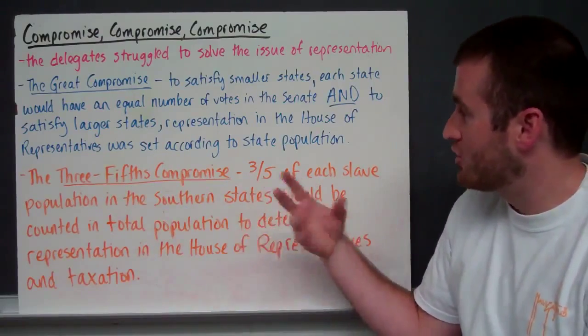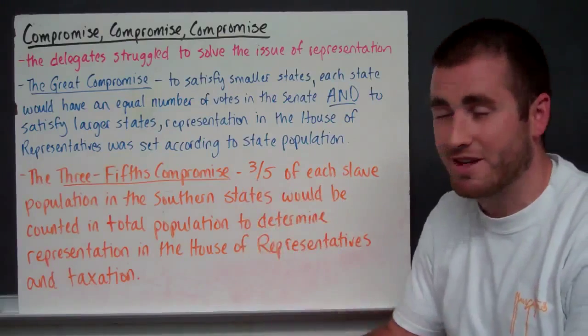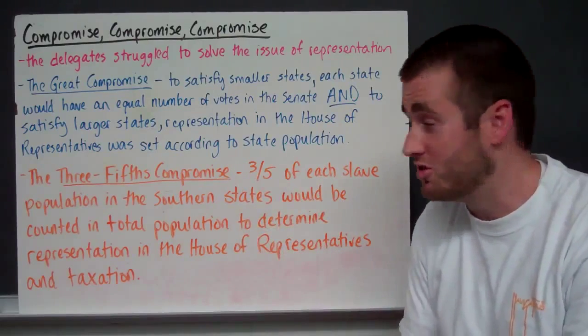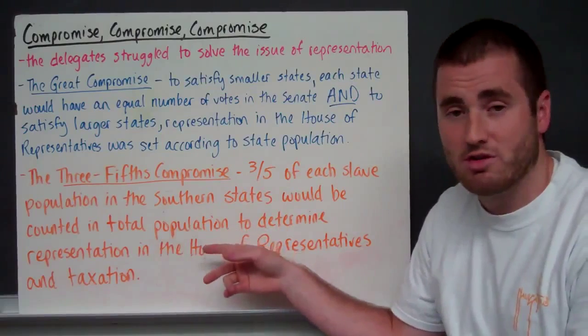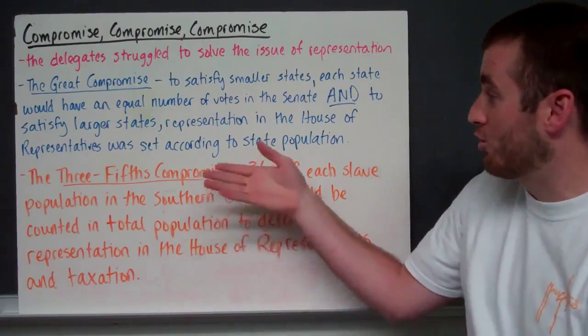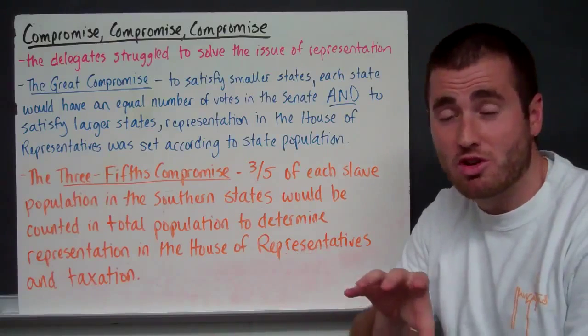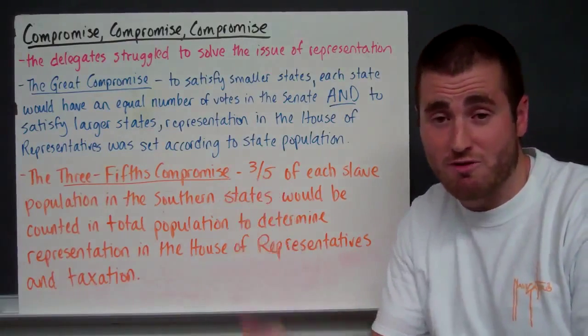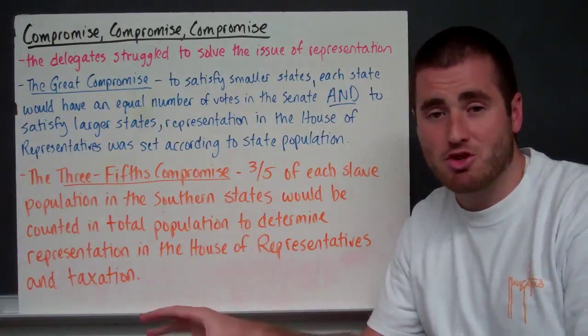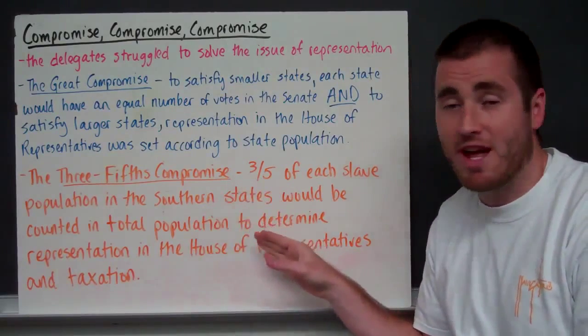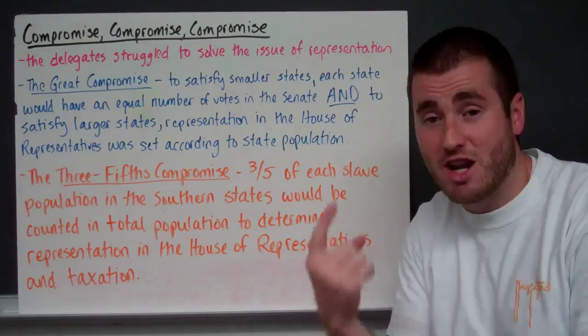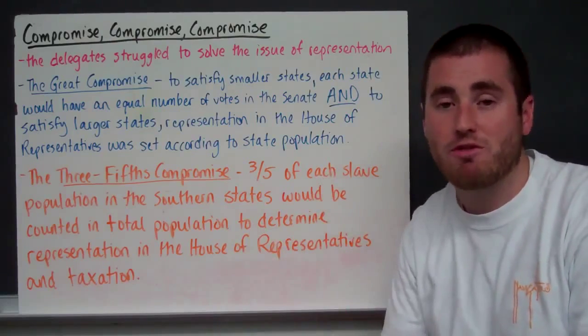So essentially, you have two ways to look at it. 3/5 of the entire slave population in a southern state would count towards the total population in representation for the House of Representatives. So you can either talk about the total population and take 3/5 of those slaves and add that number to the total population, and boom, that's how you determine the House of Representatives. Or what they figured is that every one slave counted as 3/5 a person.